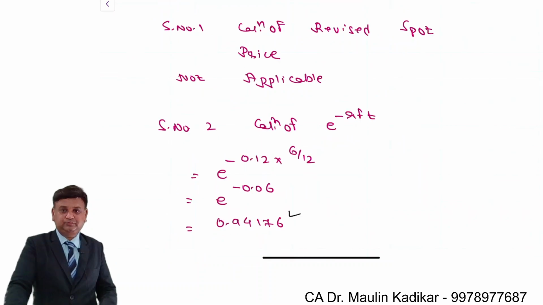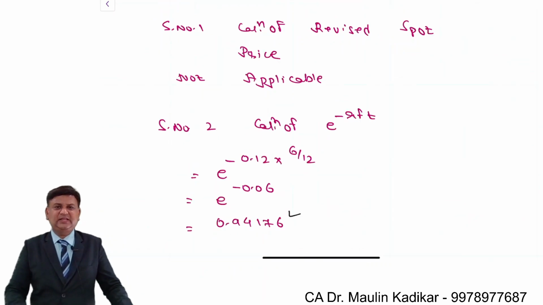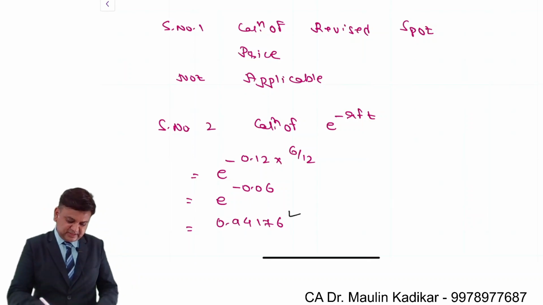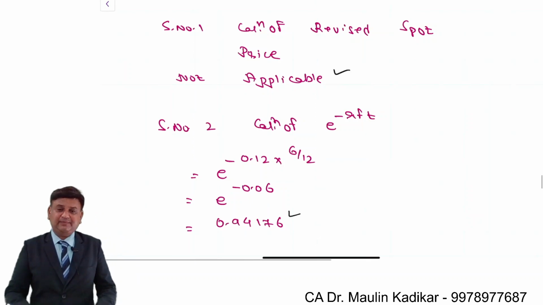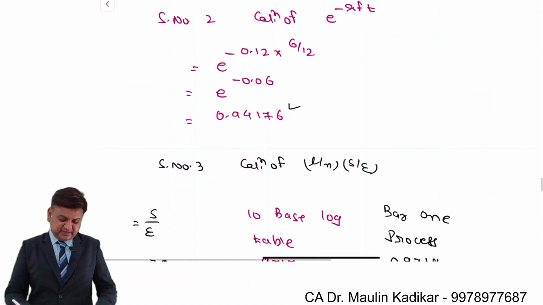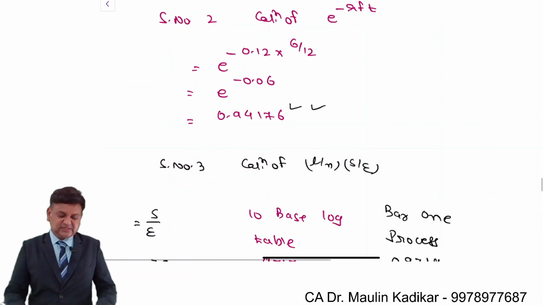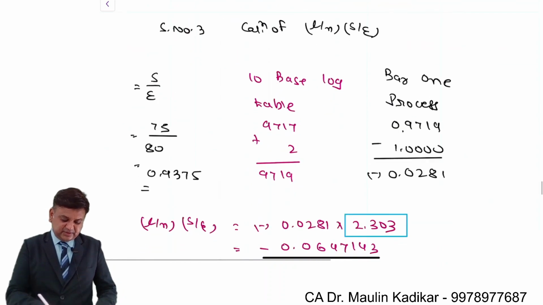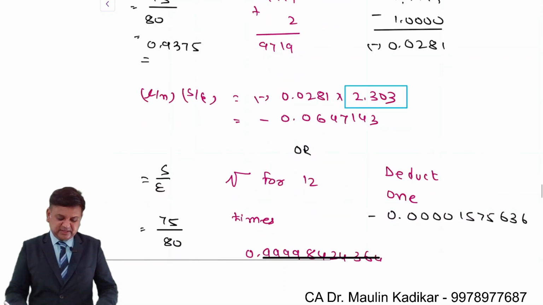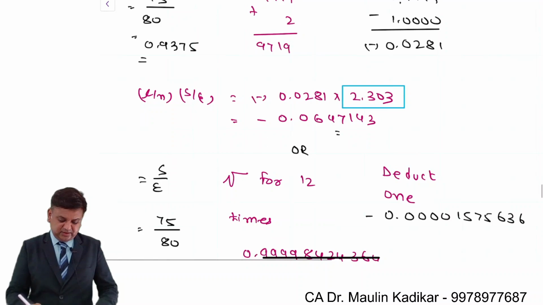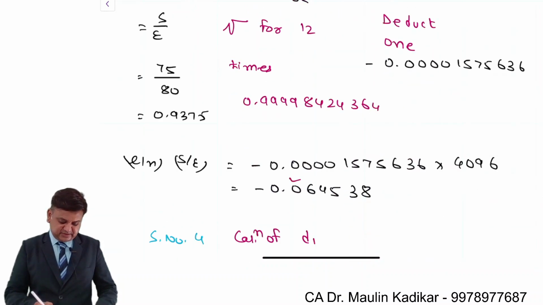Let us have a revision of the entire answer. Step number 1 not applicable, that is the revised spot price. Step number 2 is e raised to negative RF into T. Step number 3, ln is divided by E, that you can find by either of the methods. You'll get approximately the same answer.